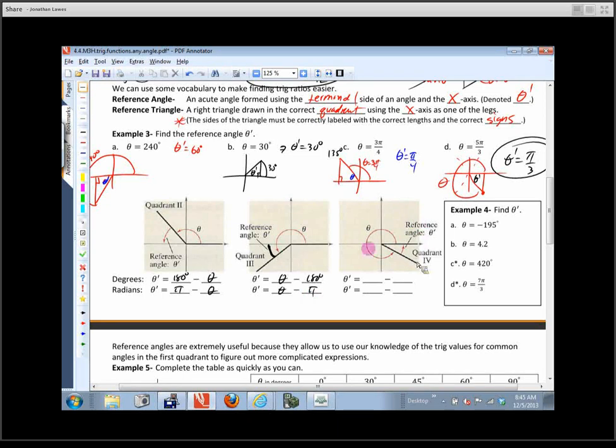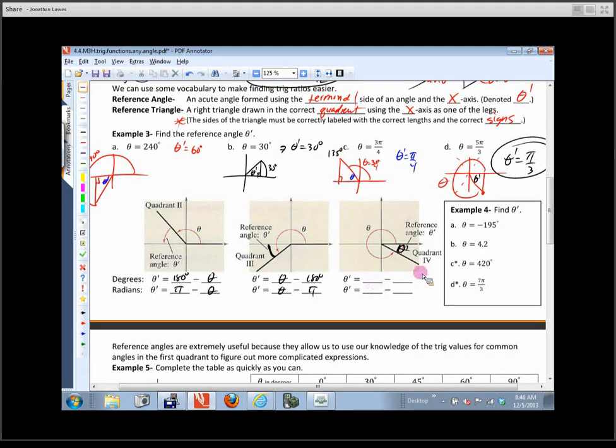And how about this one? See if you can figure that one out. I want to know what's left for this theta prime right here. If I've got this whole thing, how do I figure out what's left? Who can tell me what it is? Noah? You got it? Anybody?